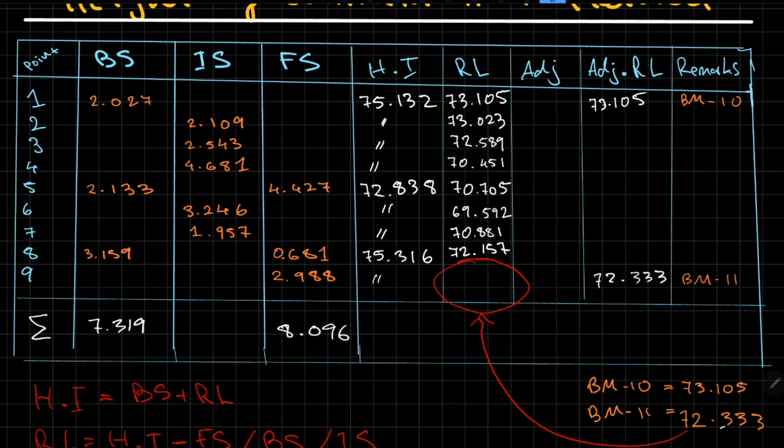So 75.316 minus 2.988. Okay, so there is a slight problem. We got the result of 72.328.